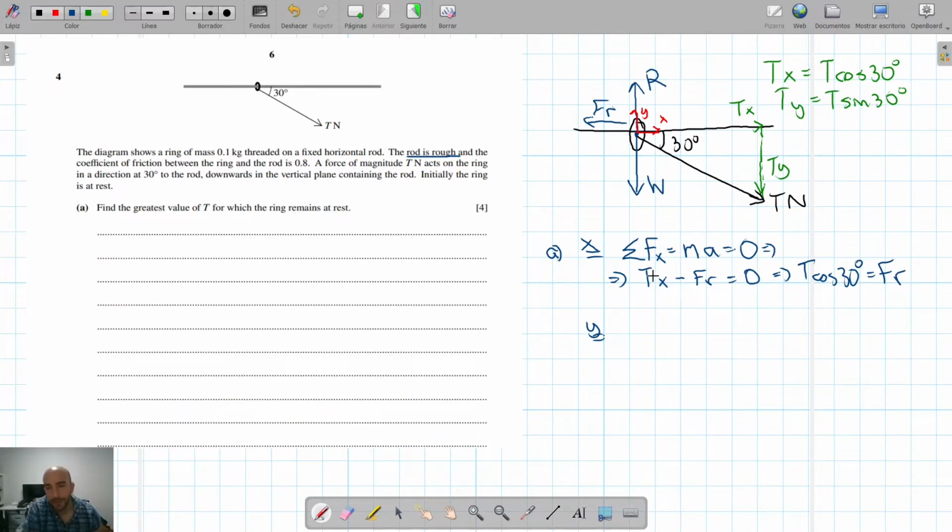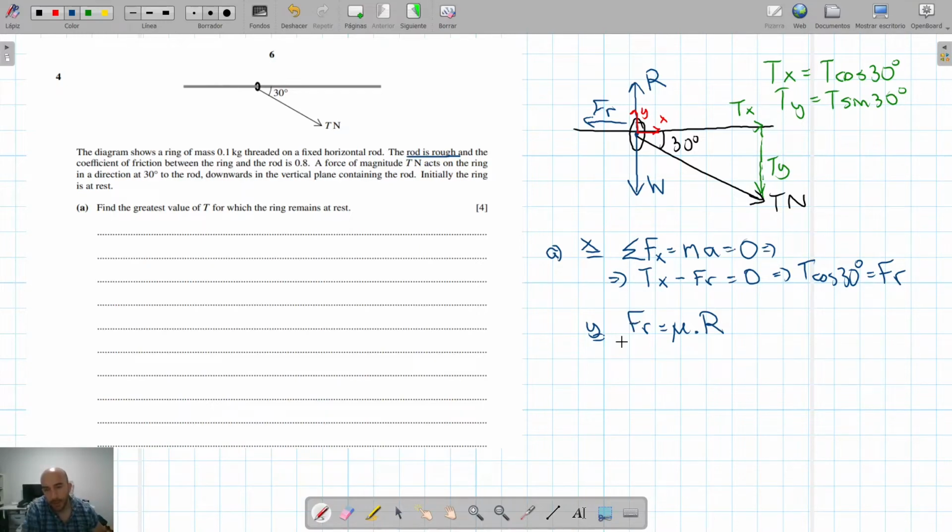Whenever we have resistance force, we usually have to also do the second law of motion in the y-axis. Why? Because we have to remember that the force of friction is our coefficient of friction times the normal, which we've called R. Okay.